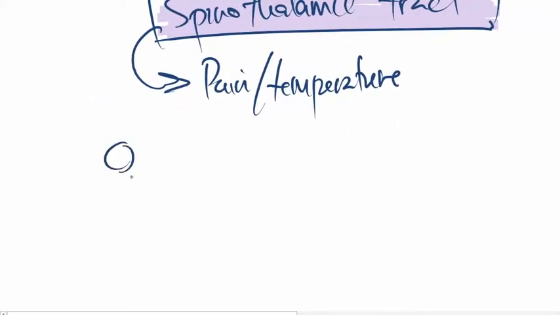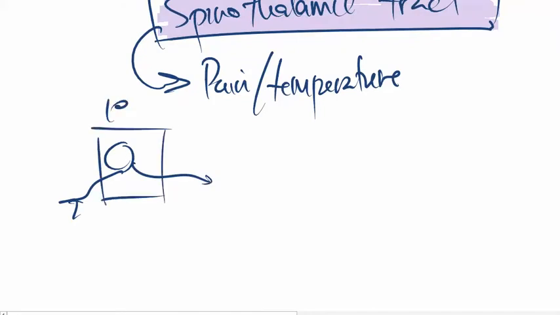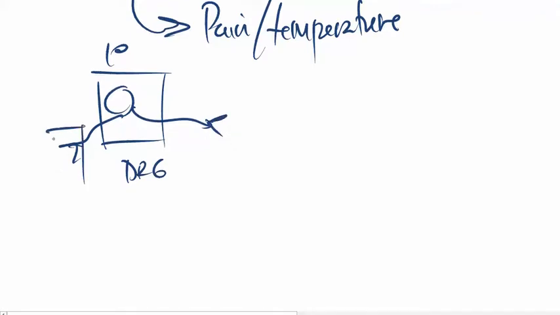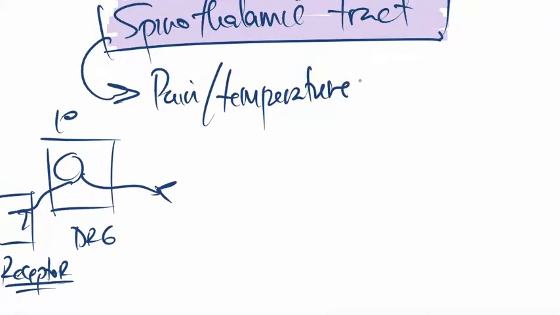We're going to see the same exact thing. The primary neuron, the cell body, is going to be in the dorsal root ganglion. In terms of the receptor, it's pain, temperature, and crude touch.